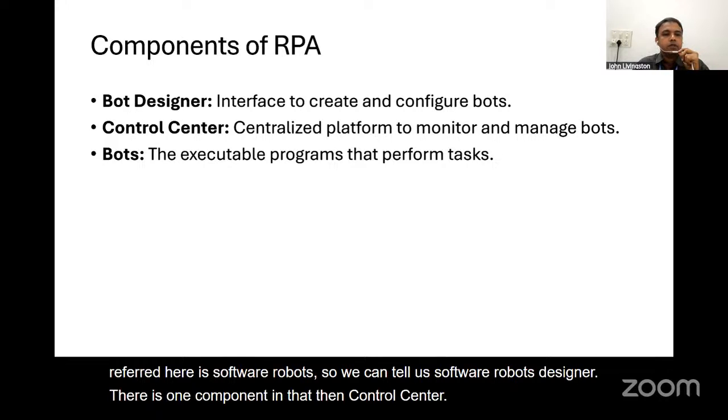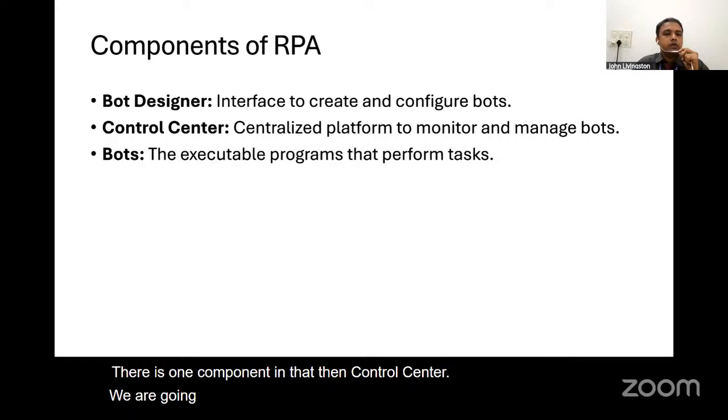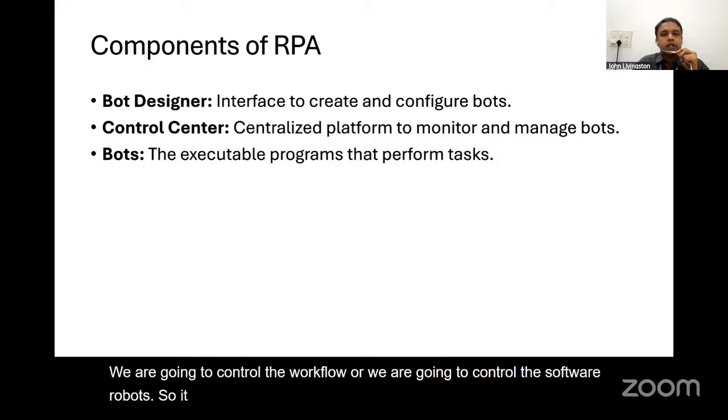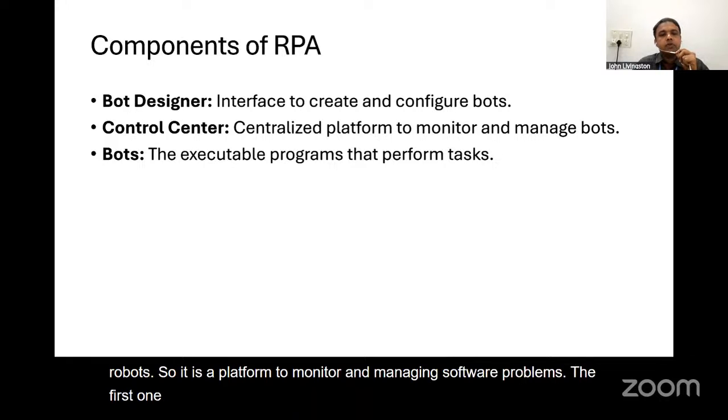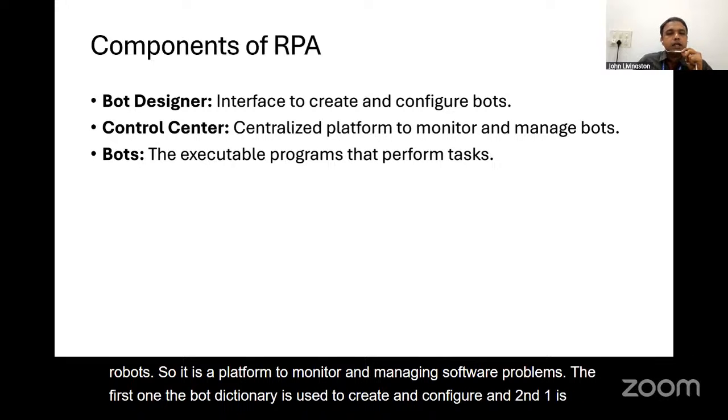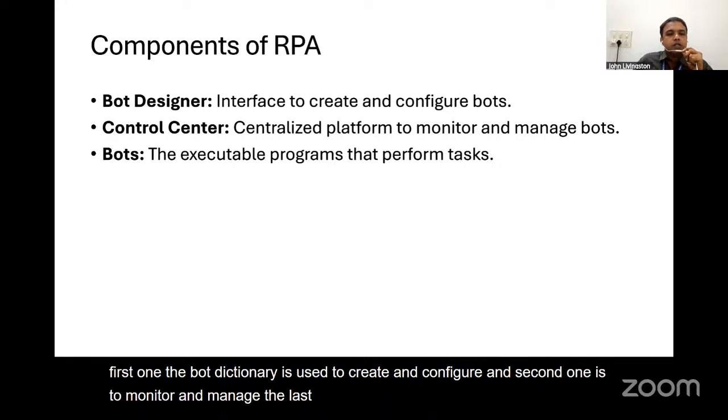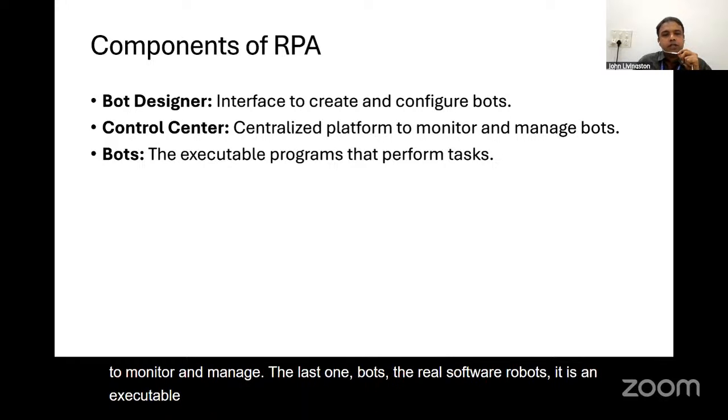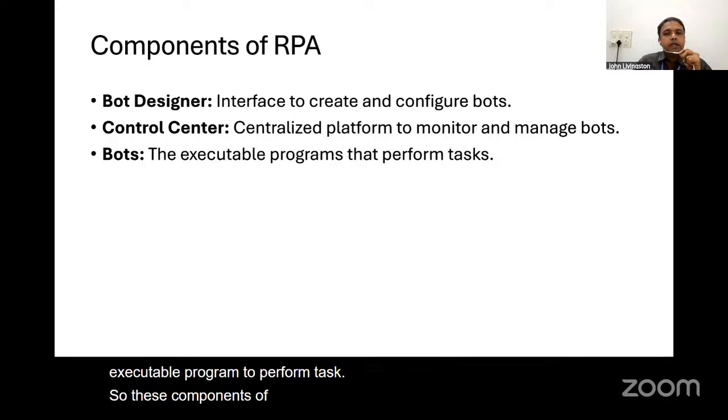We are going to control the workflow, or the software robots. It is a platform to monitor and manage software robots. So the first one, the bot designer, is used to create and configure. The second one is to monitor and manage. And the last one, bots, the real software robots. It's an executable program to perform tasks. So these components of RPA can be done hands-on in UiPath.